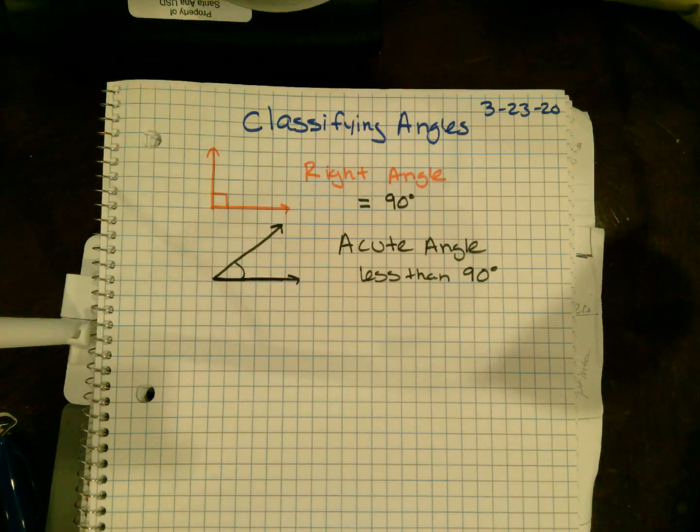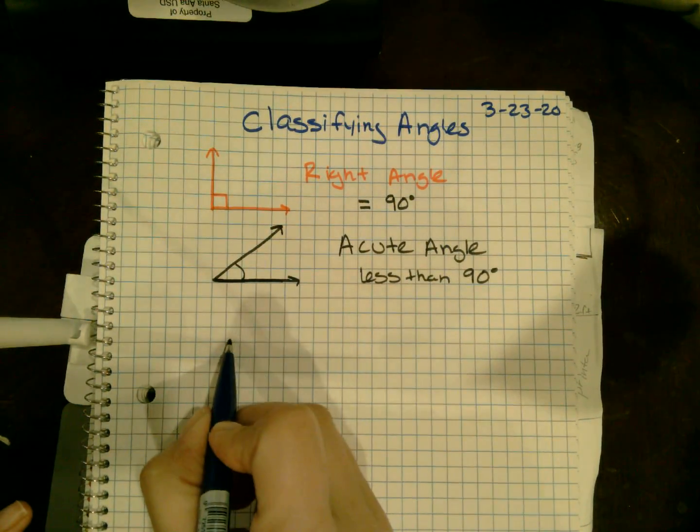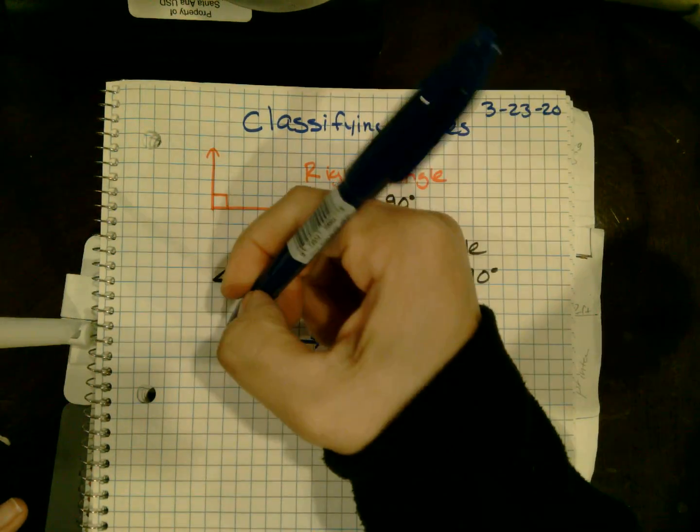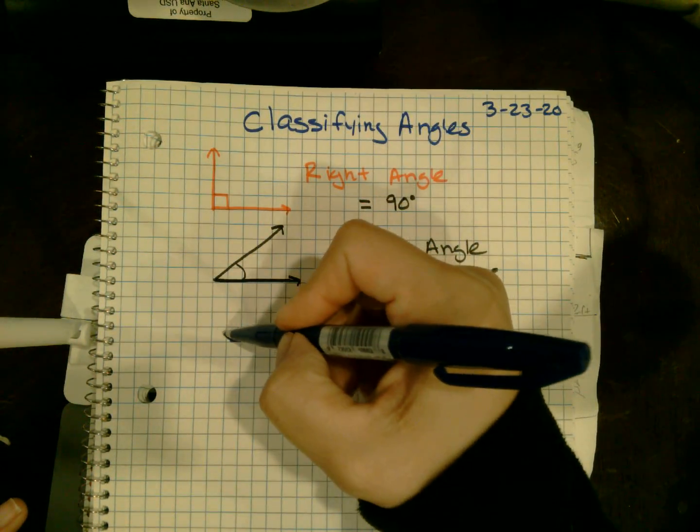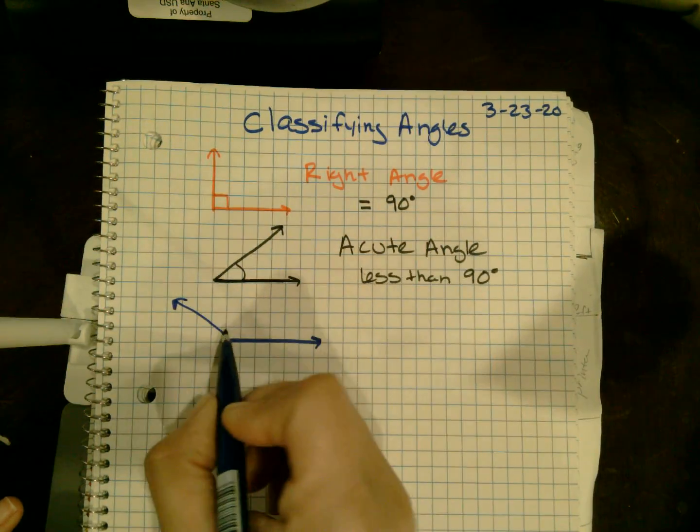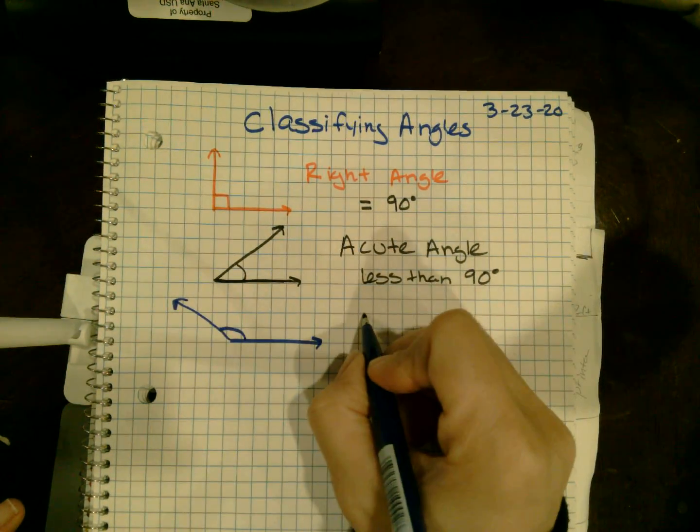Now we're going to do one that is more than 90 degrees. So here would be 90, but this one is more than 90 degrees. So this angle is called an obtuse angle.